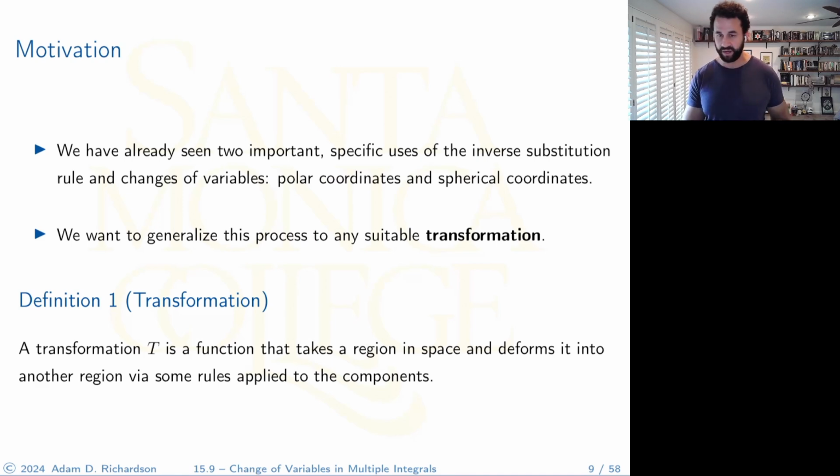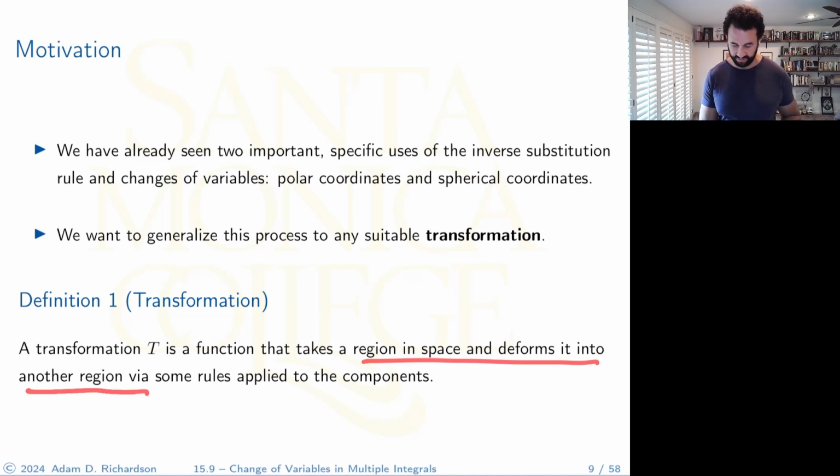So here is where I'm going to go a little bit more above and beyond what the book does. We're going to talk about transformations, get some important definitions and some important theorems. The book may or may not contain this information. What is a transformation? Just to start, a transformation T is a function that takes a region in space and deforms it into another region via some rules applied to the components.